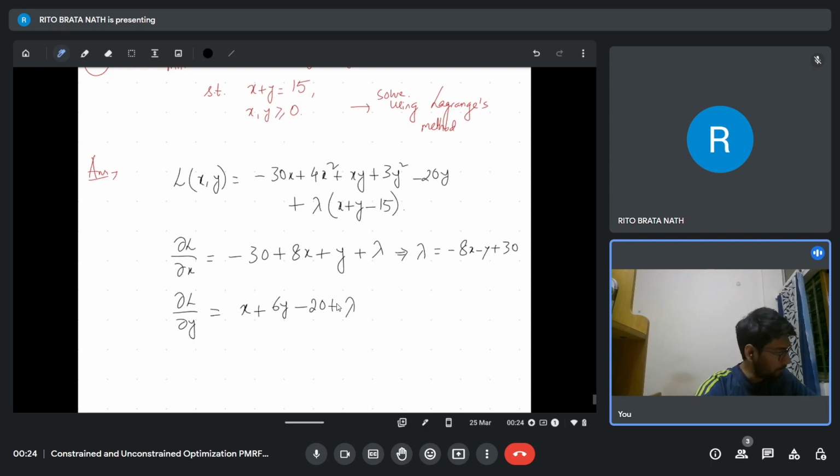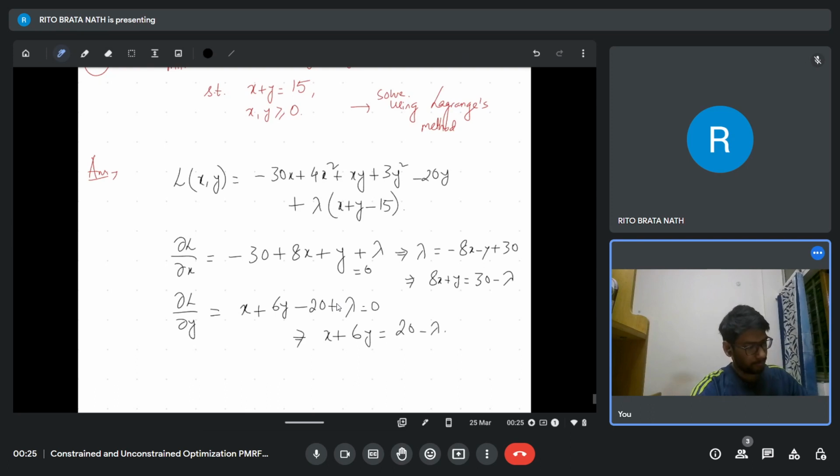Or you can have it as two equations. This is set to 0, this is also 0. So 8x plus y equals 30 minus lambda. Here you can have x plus 6y equals 20 minus lambda.